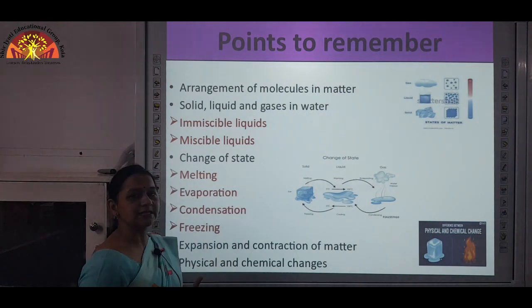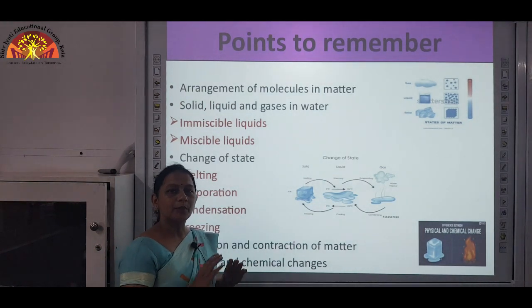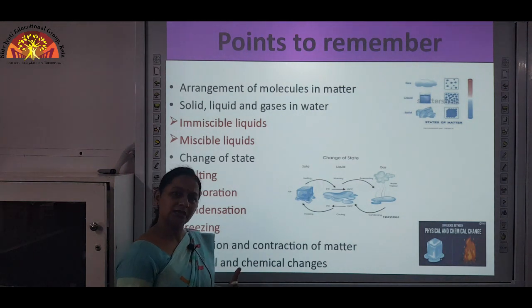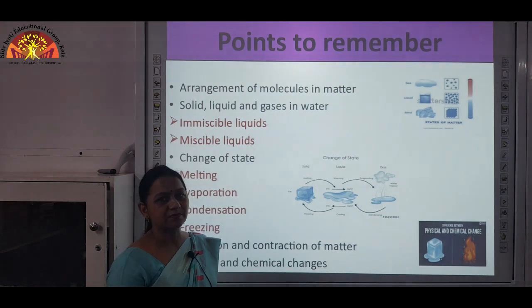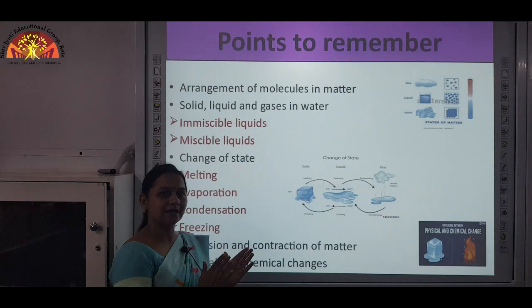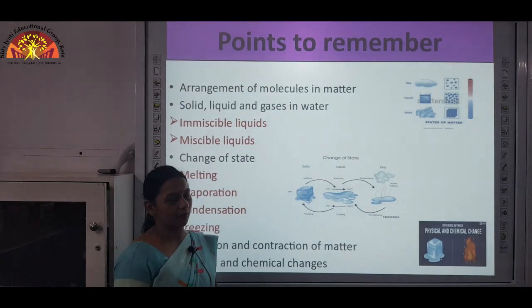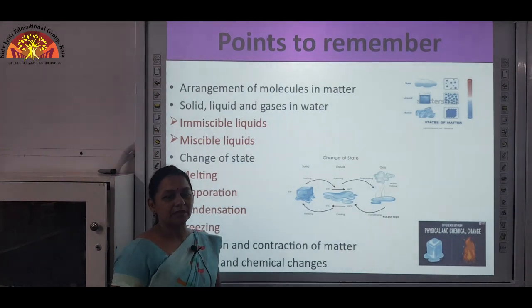Again, in physical change, no new substance is formed, only the physical properties change, only the physical appearance of the matter changes. Whereas in chemical change, we have a new substance which is entirely different, or the properties of the new substance are entirely different from the properties of the matter that we took before. So, this was a small recap of the chapter.